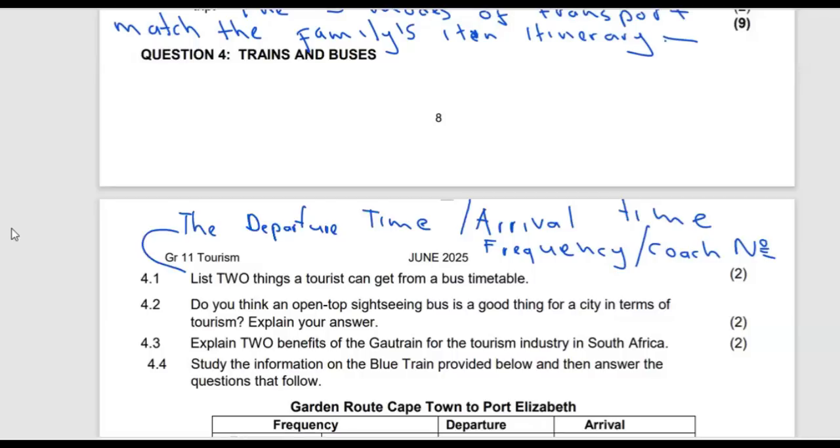Then moving on to the next thing: do you think an open sightseeing bus is a good thing for a city in terms of tourism?